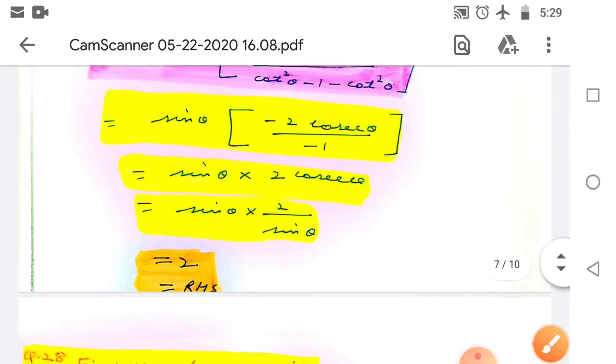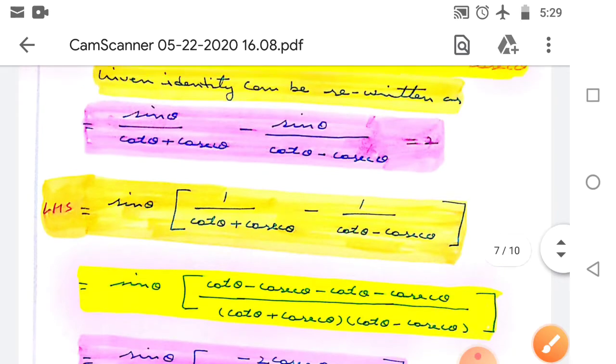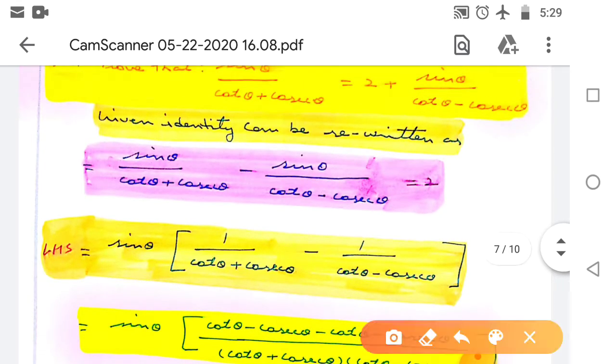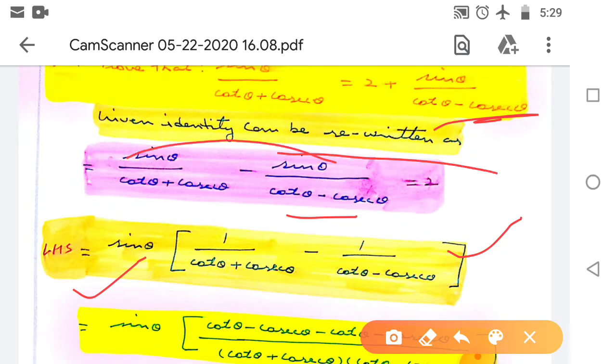Okay, look at once again this question, right. We shift this here. Okay, so this is a LHS. In the LHS you take common sin theta here, so this is sin theta. So inside the bracket we have 1 upon (cot theta plus cosec theta) minus 1 upon (cot theta minus cosec theta).